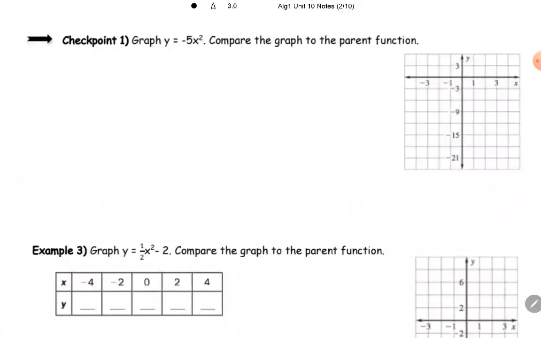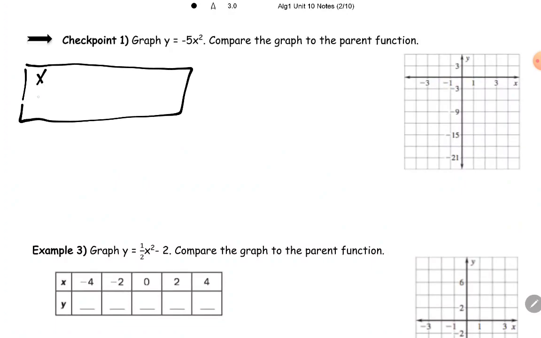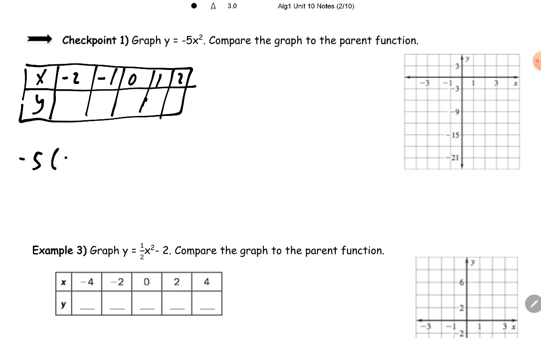Let's take a look at some more graphs. So y equals negative 5x squared. So we're going to create a table. I'm going to use easy numbers: negative 2, negative 1, 0, 1, 2. Negative 5 times negative 2 squared is negative 5 times positive 4, which is negative 20.